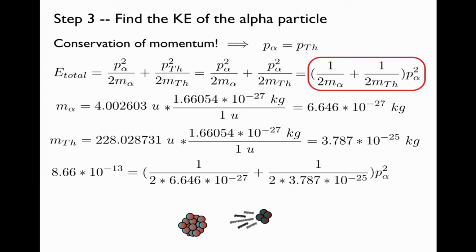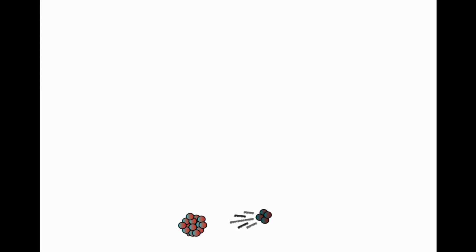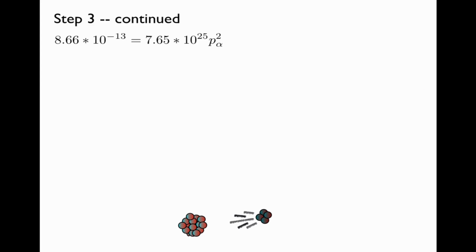So we'll plug in what we know into the parentheses, and we know the left-hand side because that's the total energy which we just found. Continuing, if we simplify that term which was in parentheses, we have the following value.